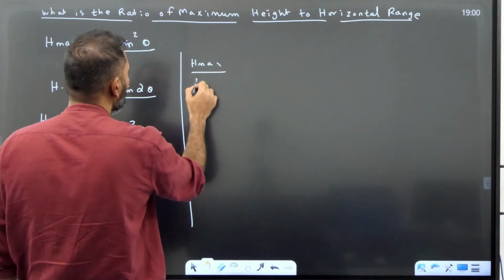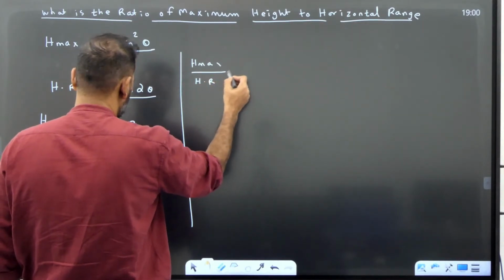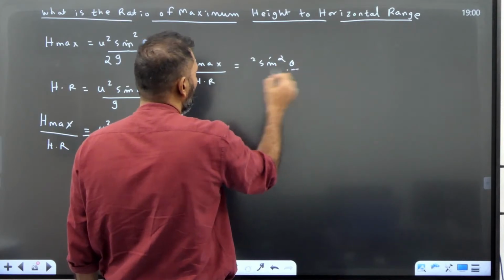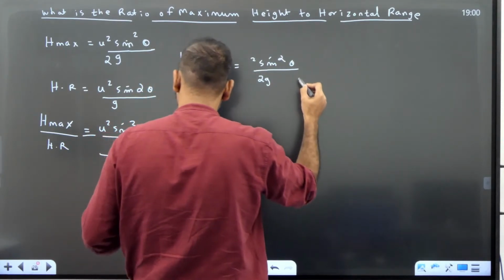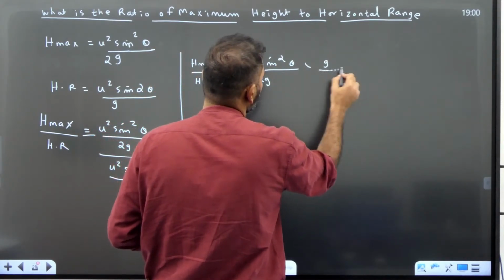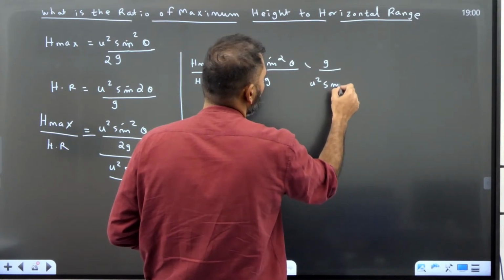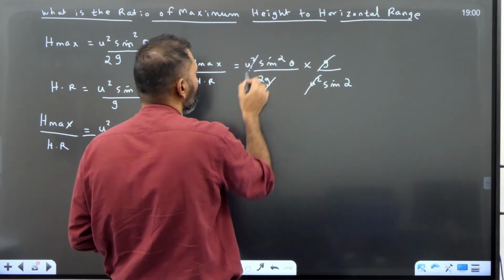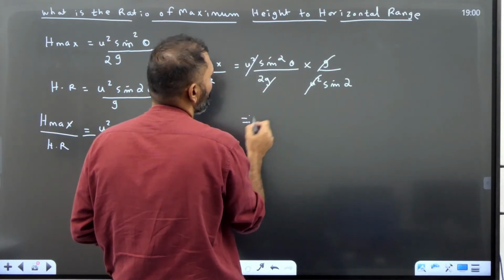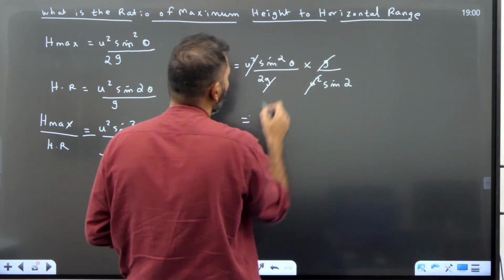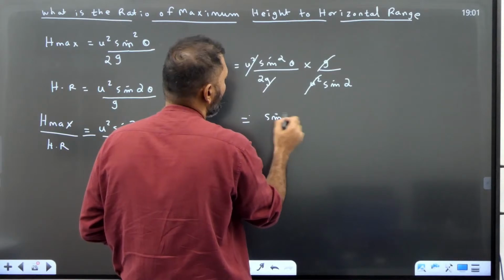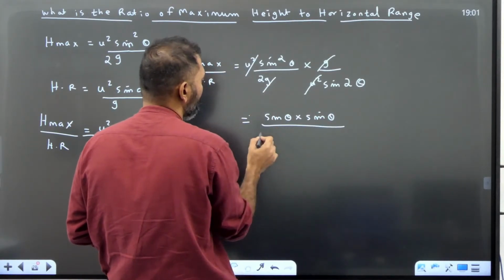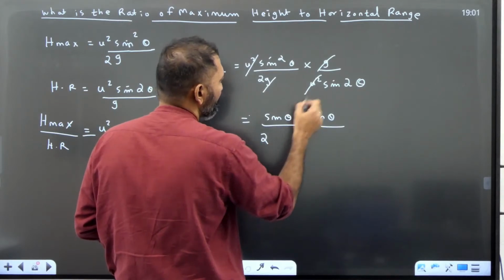So maximum height to horizontal range is equal to u square sine square theta by 2g into g divided by u square sine 2 theta. So what happens? G gets cancelled, u square gets cancelled. So instead of sine square theta, I should write sine theta into sine theta divided by, here there is a 2, that 2 I am writing again, sine 2 theta.